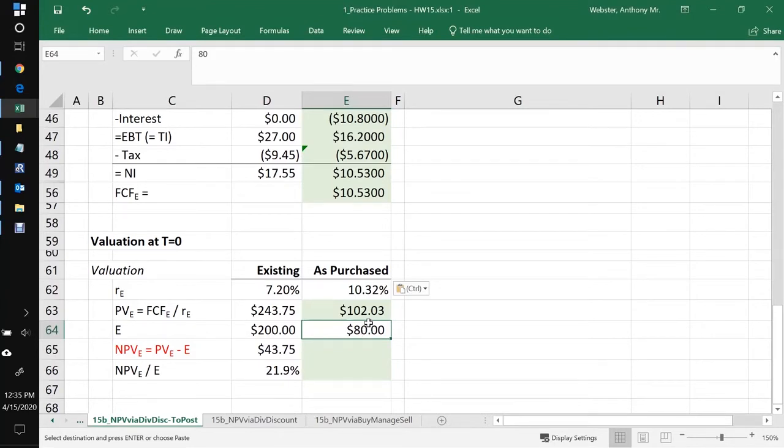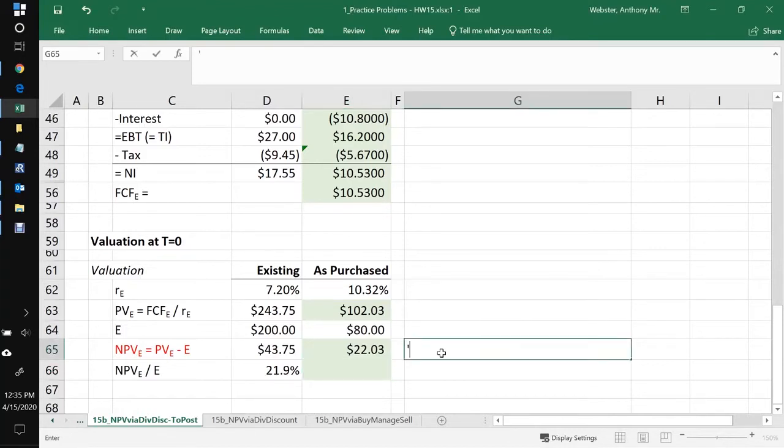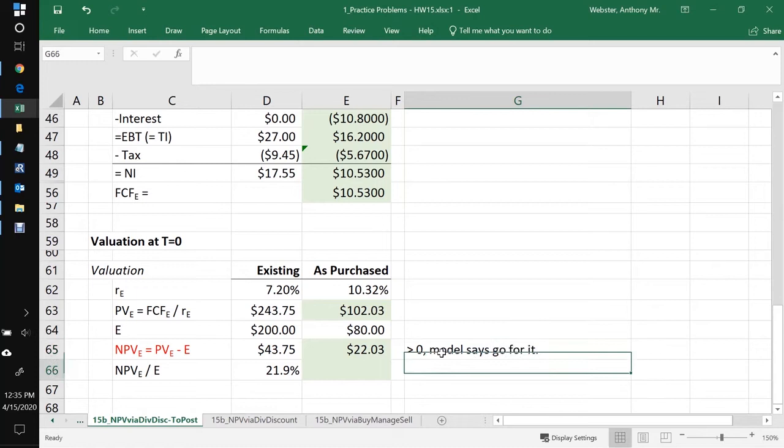And then the only other cash flow is the present value of the stream of free cash flows that this firm is going to throw off once a year, and that's 102.3. So what we want to do is take here all our positive cash flows, and we want to subtract the price we would have to pay now to enjoy all of those beautiful cash flows, and we get 22.03, and this is greater than 0, so the model says go for it.